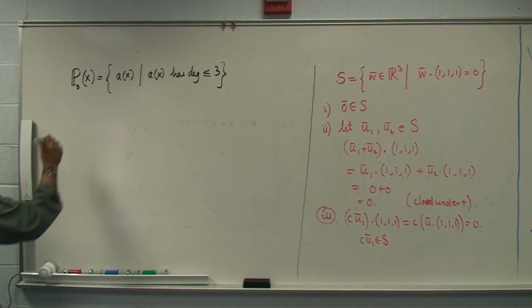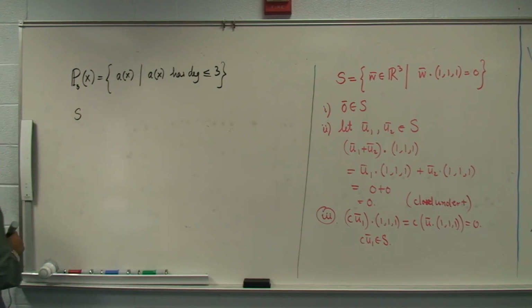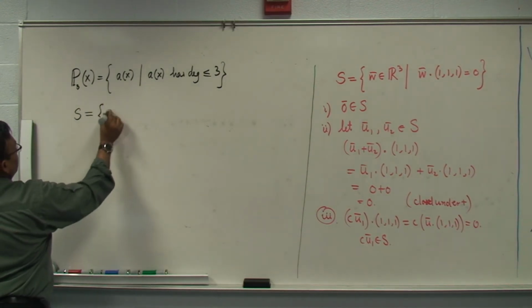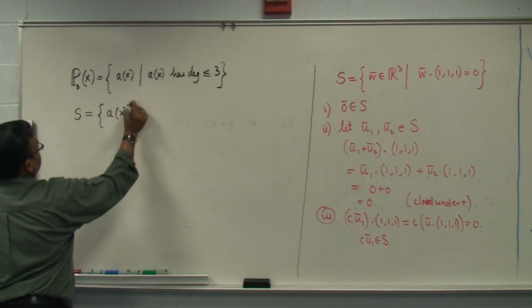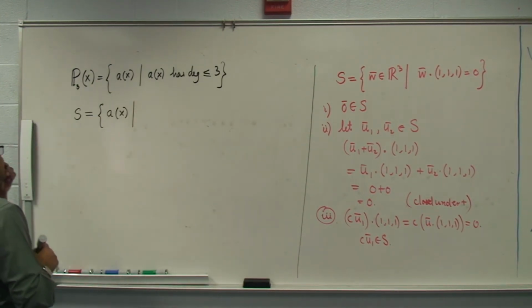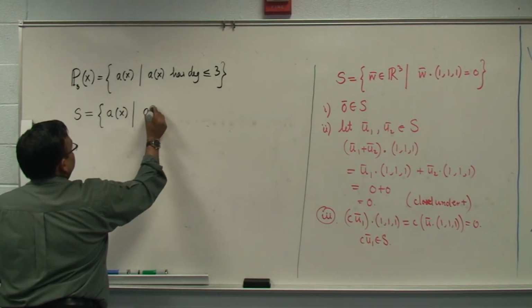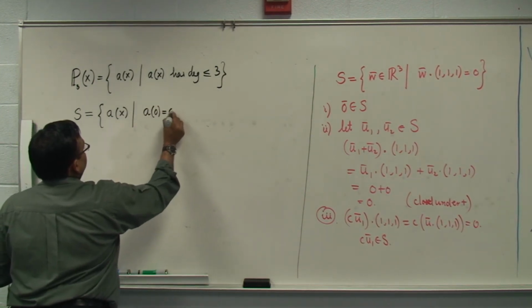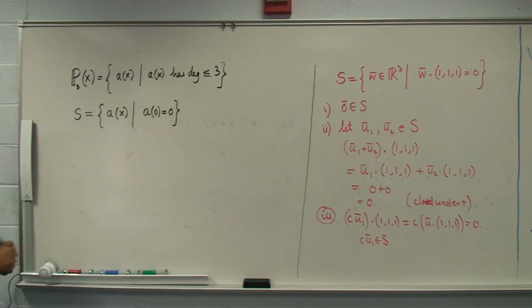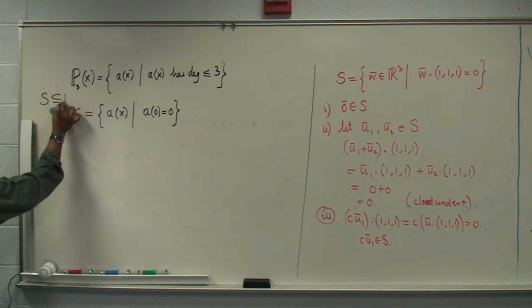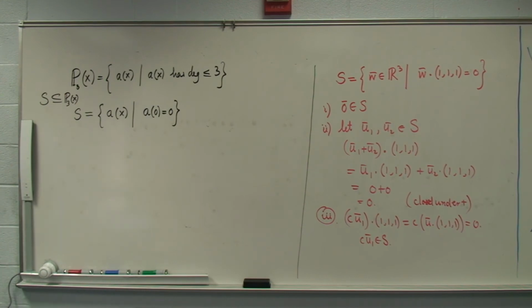So now I take a subset of this polynomial space, all those polynomials such that the constant term is 0. So all those polynomials in this space such that the constant term is 0.